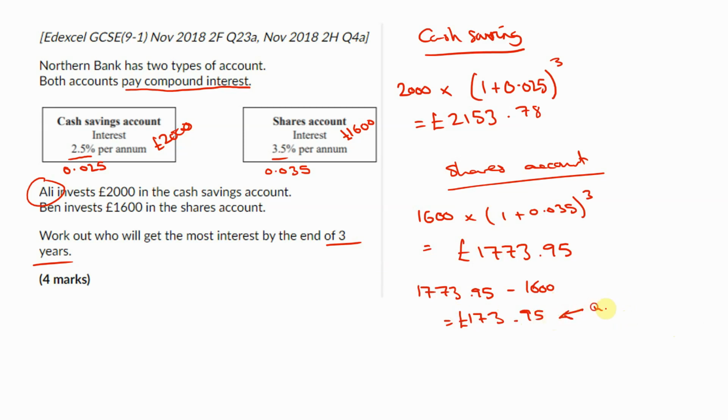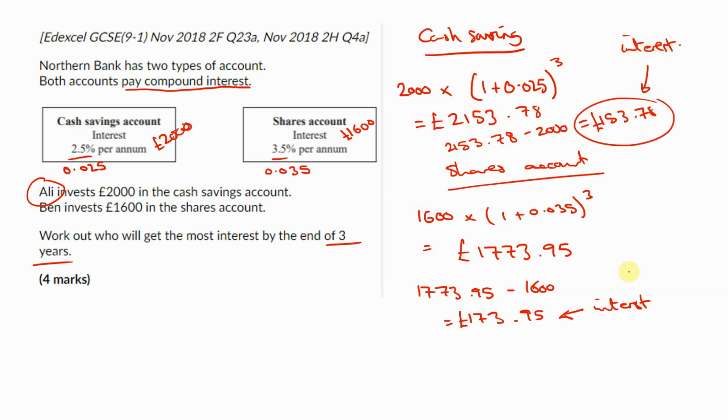That is just the pure extra money he's got. And then we can probably see easily from this one that that's going to be £153.78. So in fact, even though Ali has more money at the end, Ben is getting a larger interest or extra money. So Ben gets more interest.